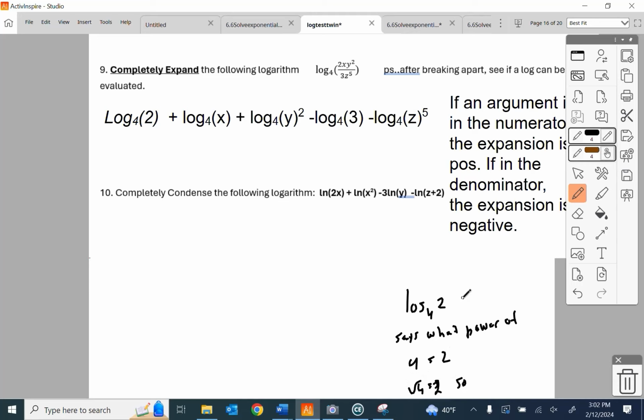So this is 1/2 because the square root function is the 1/2 power. That's a half. Now, you might be a little curious about this guy. There is absolutely nothing special about it. It says what power of 4 is 3?